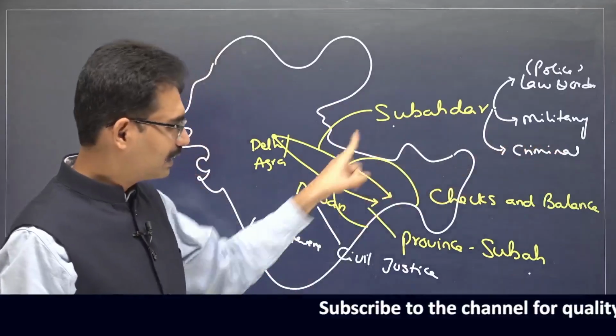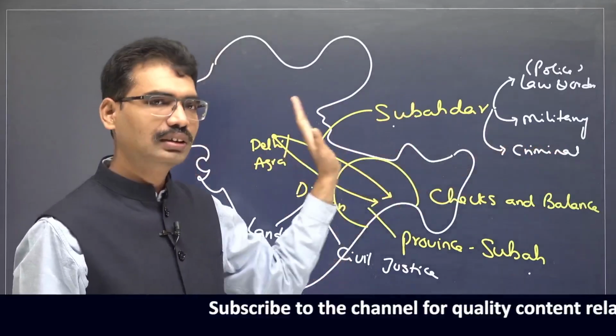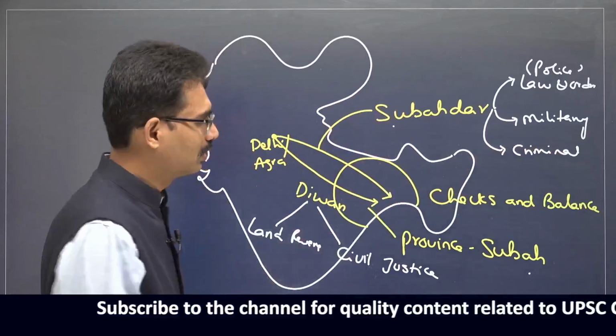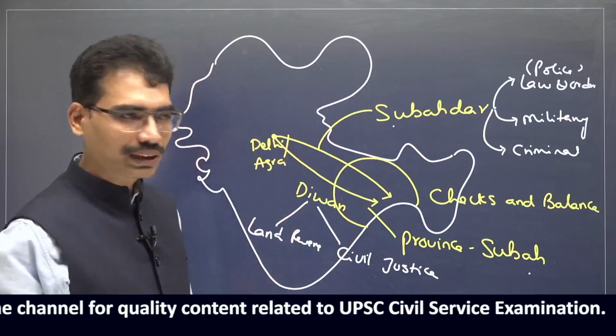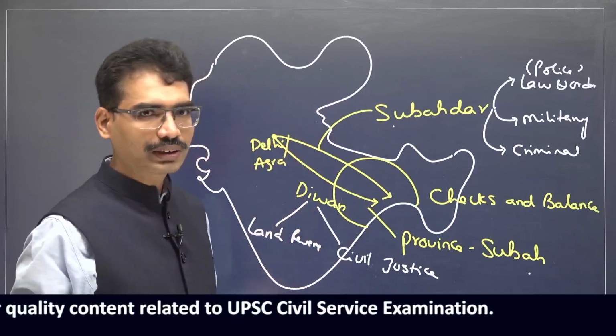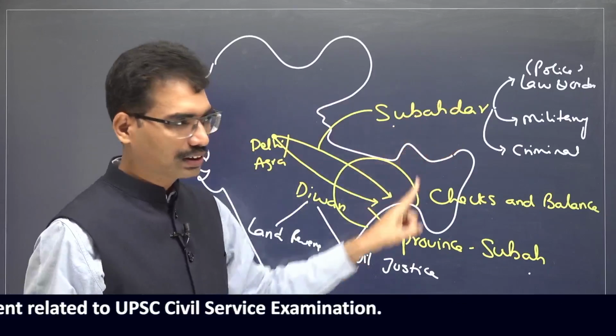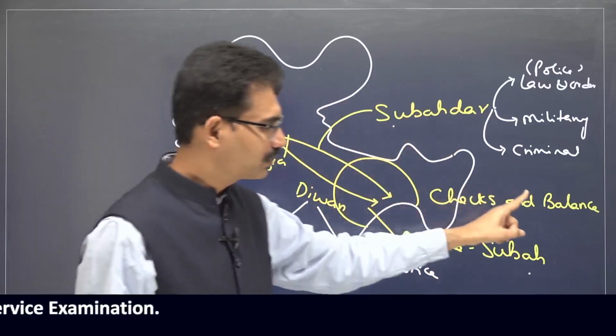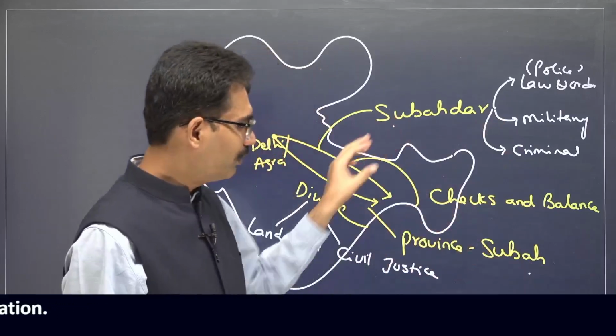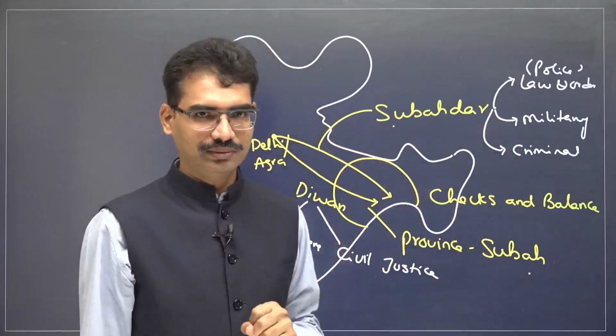This is what exactly happened during powerful Mughal emperors. Subedar is answerable to the emperor, Diwan is answerable to the emperor. They have to coordinate with each other, then only it will flourish. And here checks and balances were managed so that no one would become so powerful as to declare independence.